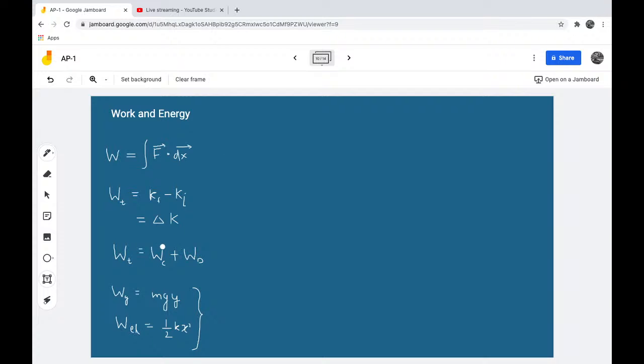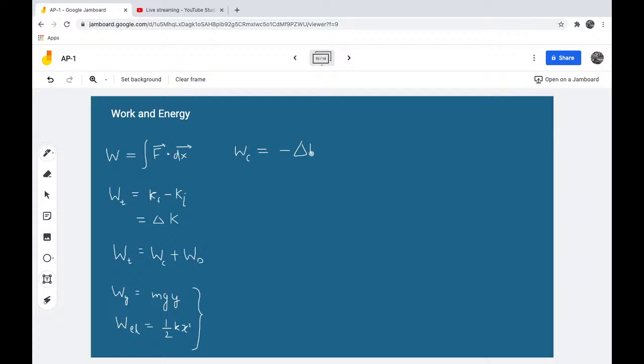We also know that for work done by conservative forces, we can always define something called potential, and I can write that the work done by conservative forces is the negative change in the potential.